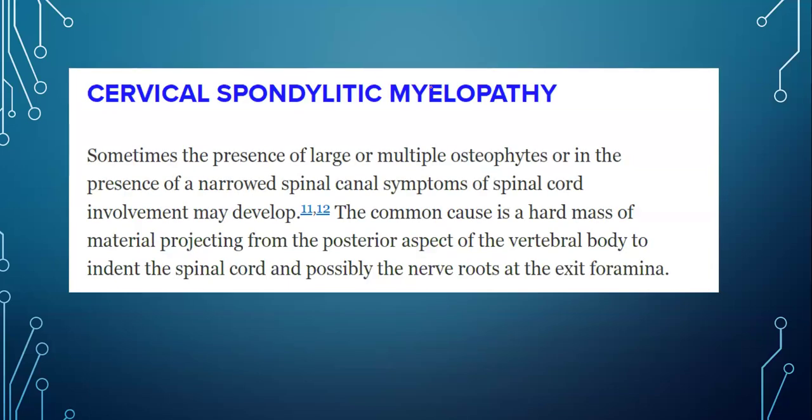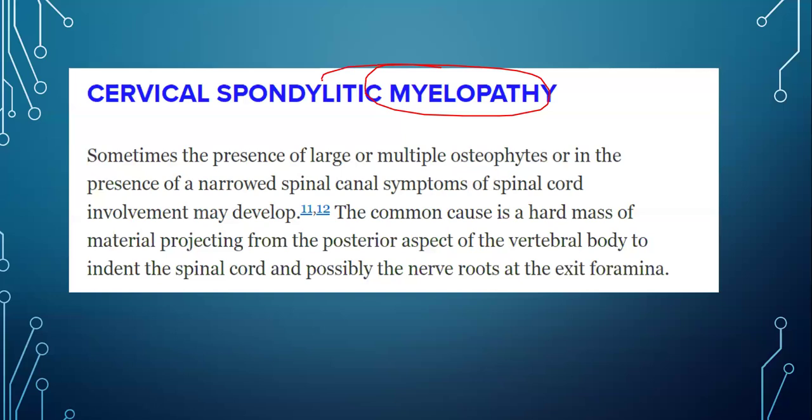What is myelopathy? So that's important. Now, we're talking about a nerve pinch. But what if it is severe enough that the degeneration causes multiple abnormal bone formations, which are osteophytes, and it is causing narrowing of the spinal canal?